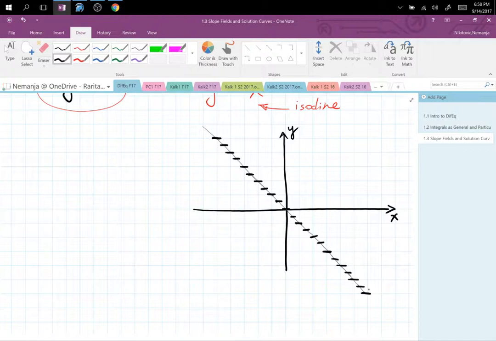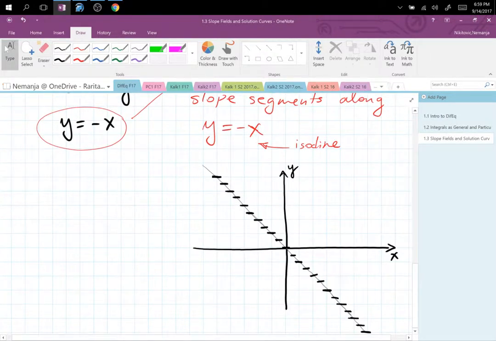So now I can erase easily on the tablet. I can erase the isocline, which was the guideline. But I'm going to leave it. And I pointed with the arrow there that that line is the isocline.